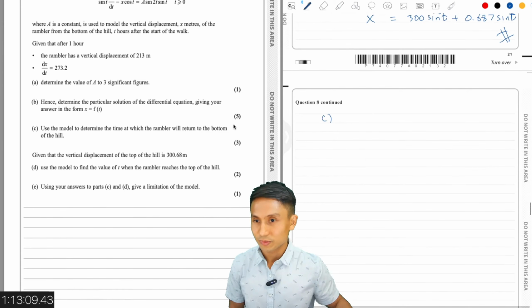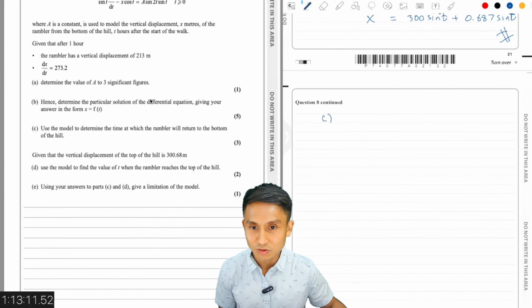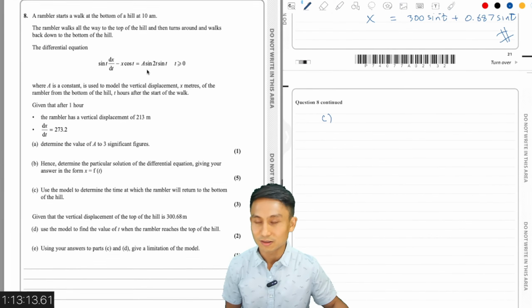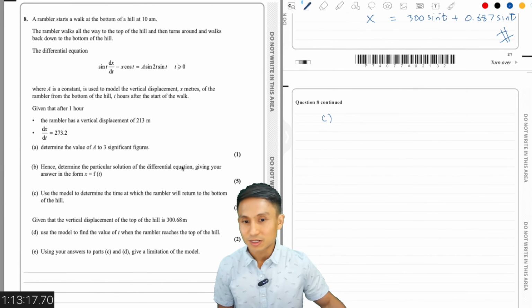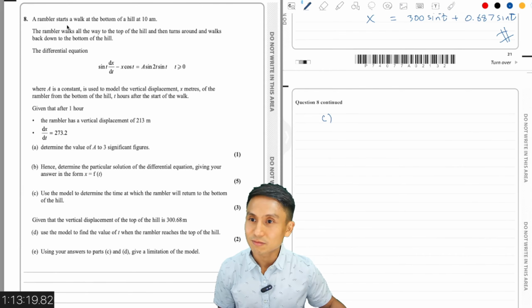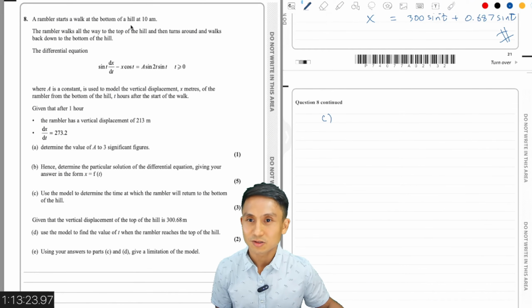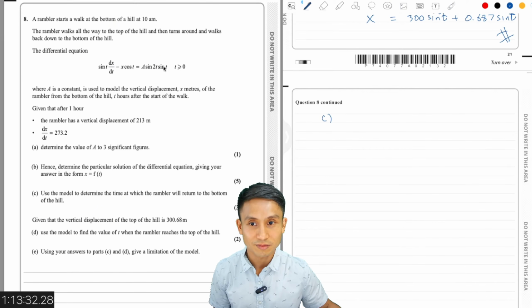Use the model to determine the time at which the Rambler will return to the bottom of the hill. This model right here. The bottom of the hill would be, because the Rambler starts the walk at the bottom of the hill, so the bottom of the hill at the start would be at t equals 0.